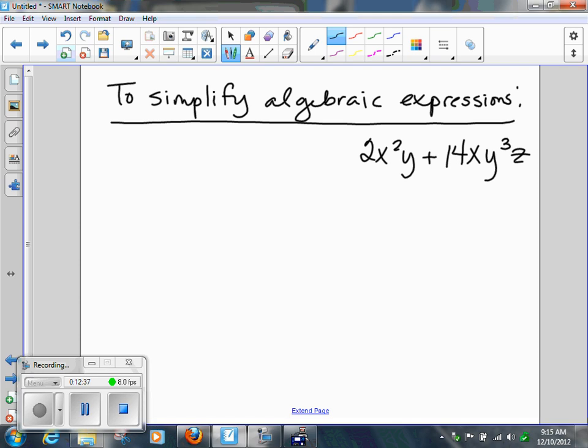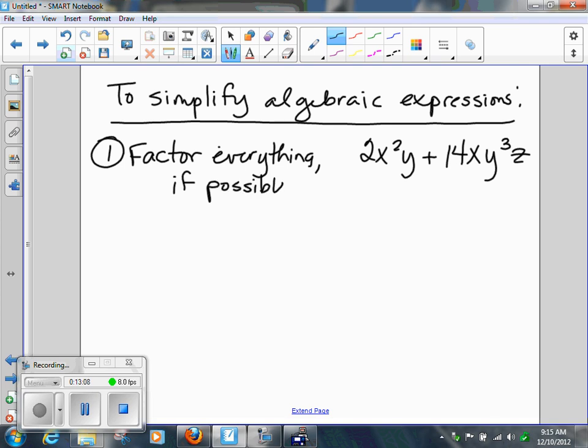Look at it. The second term is 14xy cubed z. Take out the greatest common factor. We would factor the algebraic expression if possible. We'd factor everything if possible. Absolutely.